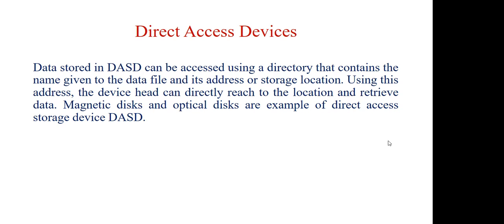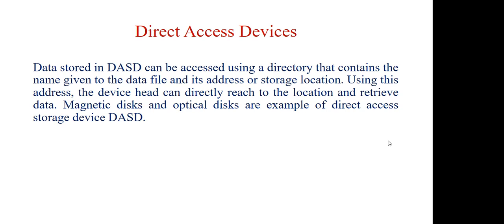Magnetic disks and optical disks are examples of direct access storage devices. When we say optical disk, we mean CDs, compact discs, and DVDs. We can directly switch to the song or the track we want to play.